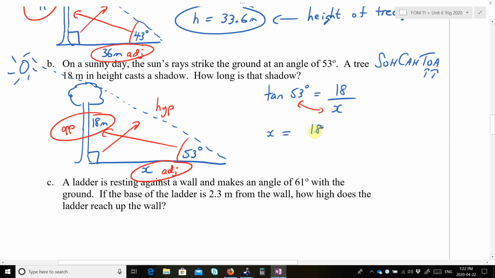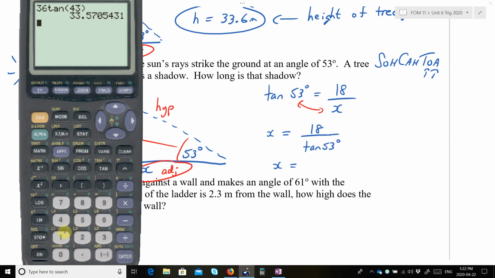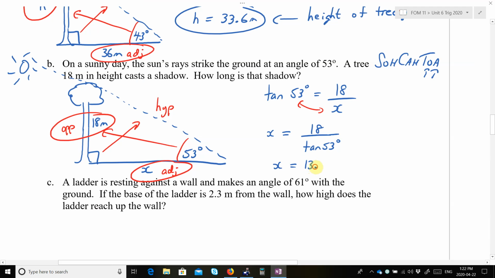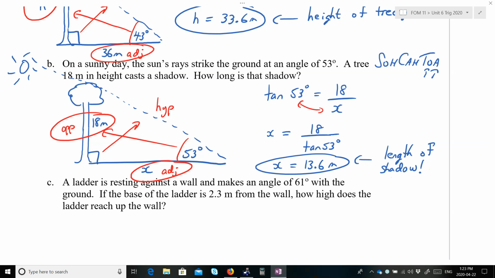So x will equal 18 divided by tan of 53 degrees. 18 divided by tan 53 gives us 13.6. That's going to be in meters because the height of the tree was in meters. 13.6, and this is the length of the tree's shadow. Okay, and that is how you do 3B.